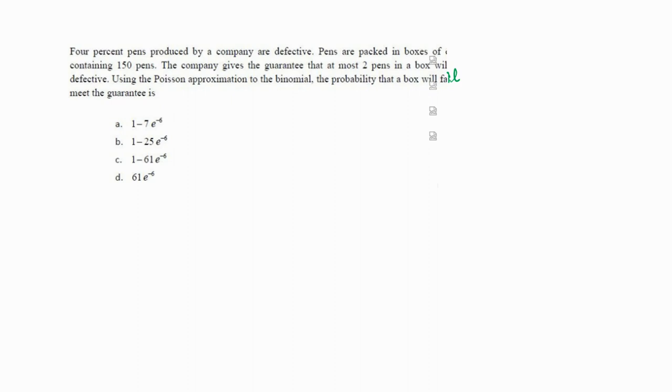The company gives the guarantee that at most two pens in a box will be defective. Now we need to do the Poisson approximation to binomial.